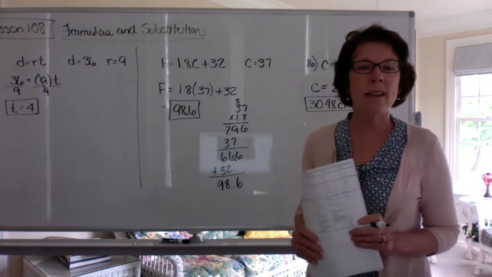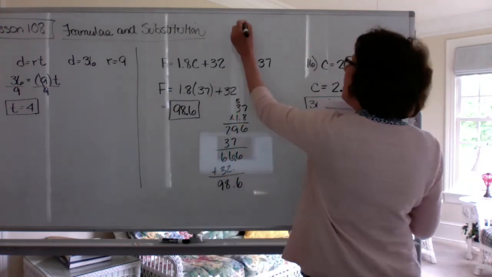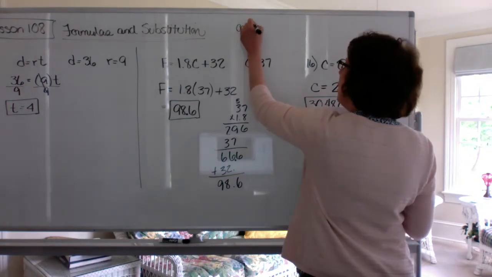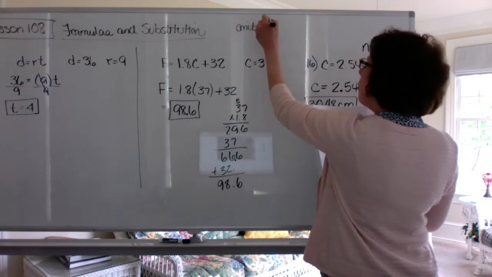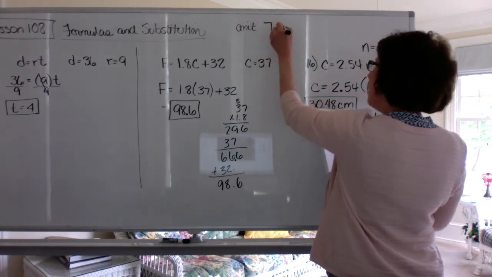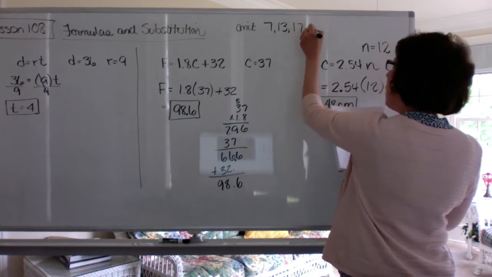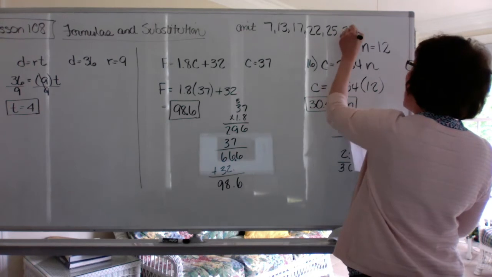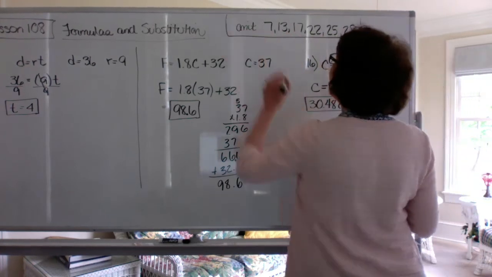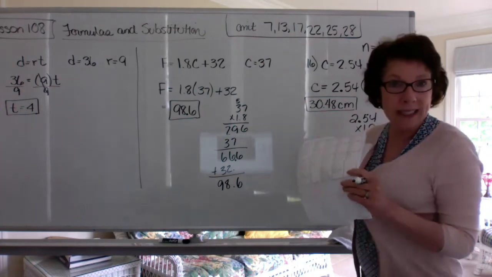Okay, what do we have for omissions today? Well, let me put them up here. Our omissions today, we are going to omit for lesson 108, we're going to omit 7, 13, 17, 22, 25, and 28. Let's repeat that. 7, 13, 17, 22, 25, and 28.